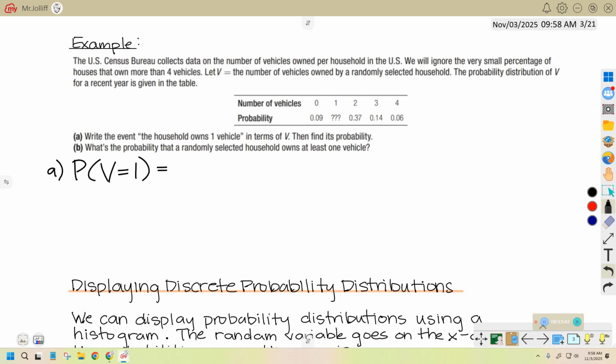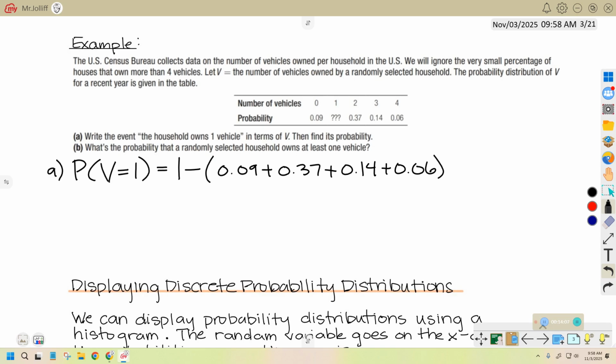Yes, Ava. Very good, because we know they should add up to 1. So 1 minus the sum of all of those other numbers. Add up all the numbers, subtract it from 1. If you want to do it in your calculator, you can type it exactly like we wrote it.